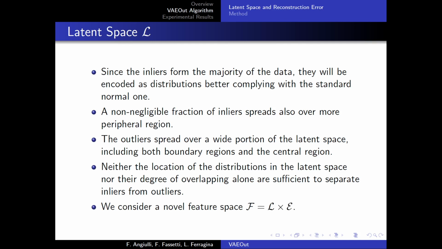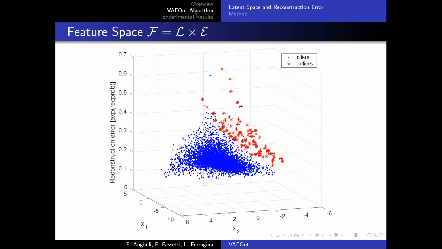To overcome these issues, we consider a novel feature space that we call F, and it is composed by the Cartesian product of the latent space and the reconstruction error space. In this picture, we can see the plot of this novel feature space. That is a three-dimensional space, since we added one dimension to the latent space.